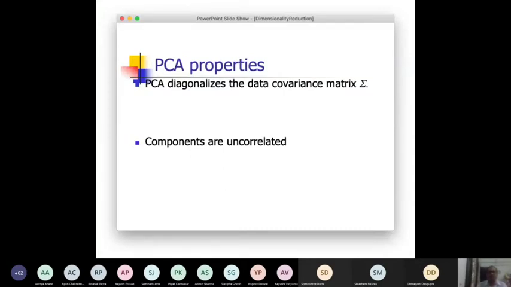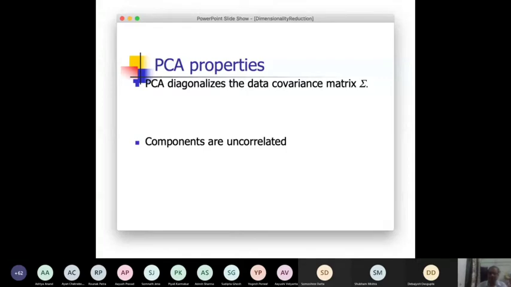So let us consider what are the interesting properties of principal component analysis, or PCA. One thing, as you can see, is that it diagonalizes the data covariance matrix. So you will find out that the covariance of the transformed data, it's a transformation of one space to another space, a kind of rigid body transformation.